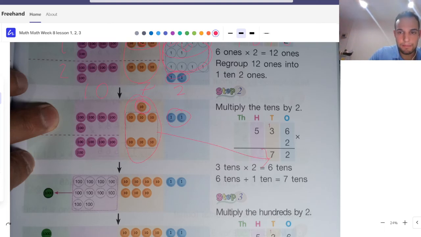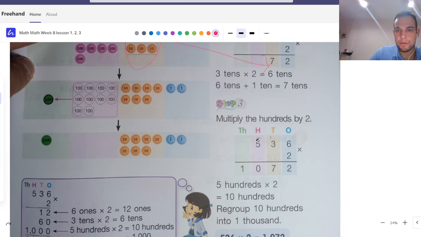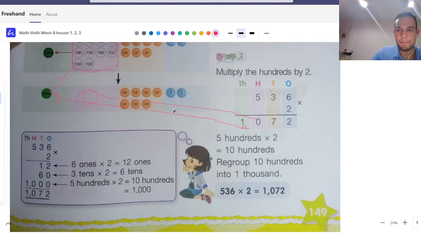And they're right here. Next, we have the hundreds place. 5 plus 5 is 10. 10 hundreds is 1,000. So now we have 0 in the hundreds place and 1 in the thousands place. So let's put our 1 here and our 0 here. Perfect. Just like we said before.